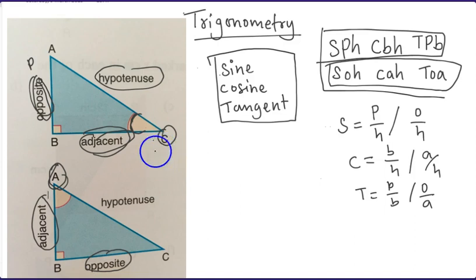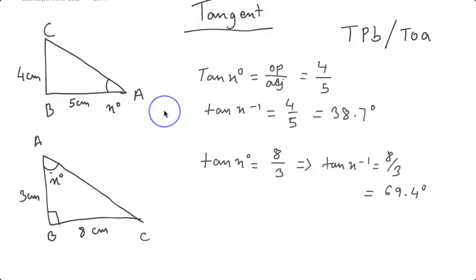Okay, let's see one example. Guys, here we are going to see about the tangent, and here we have two figures, and we have to find angle A in each figure, which is x. I have supposed it as x degrees.